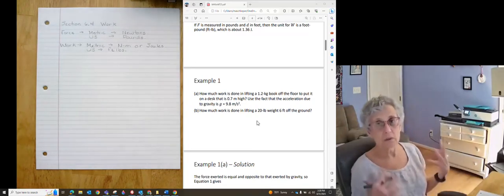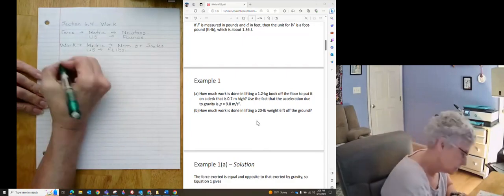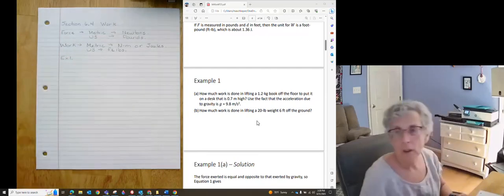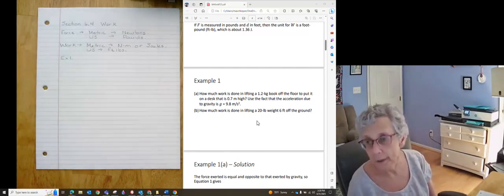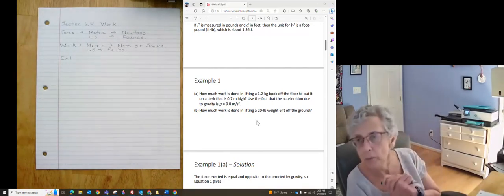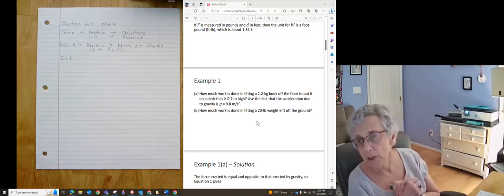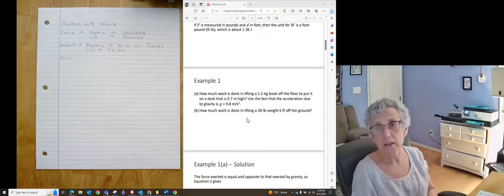So let's start with a really simple example where we have a constant force. How much work is done lifting a 1.2 kilogram book off the floor to put it on a desk that is 0.7 meters high, and we use the fact that acceleration due to gravity is 9.8 meters per second squared.